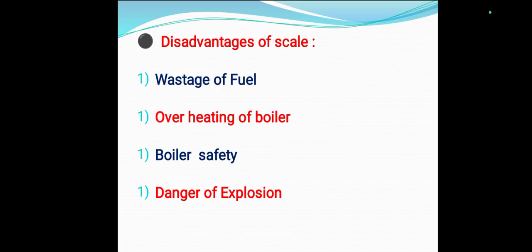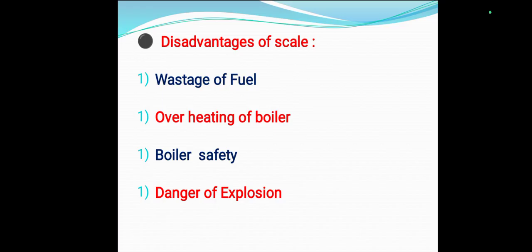Why? Because the scale absorbs some heat. So we have to overheat the boiler. We have to give extra heat to the boiler for maintaining the required pressure of steam production inside the boiler.